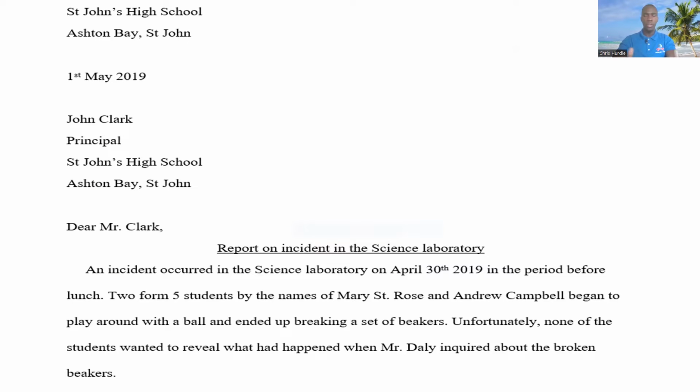And of course, with letter format, when it comes to the addresses, you have to put the name of the recipient, their designation, and then the address, and then the name of the organization, followed by the address. So, right. So this you should already know because we did this previously, right?